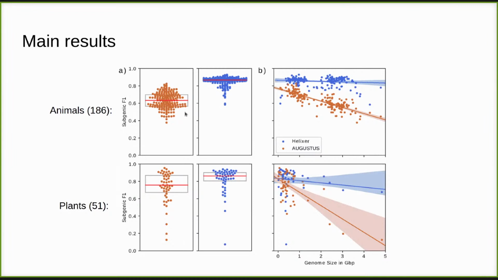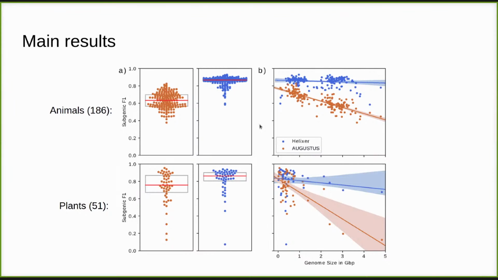for each genome. And as you can see, we outperform Augustus by quite a margin on most genomes. Basically, we only underperform with very small genomes. And similar story for the plants on the bottom, although there the distance is not too large, but still noticeable.